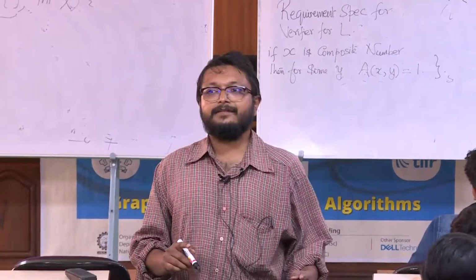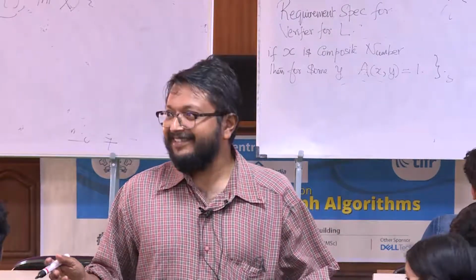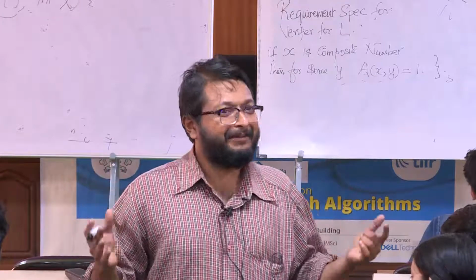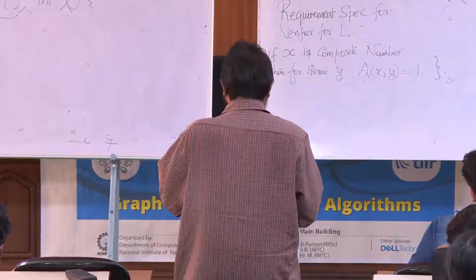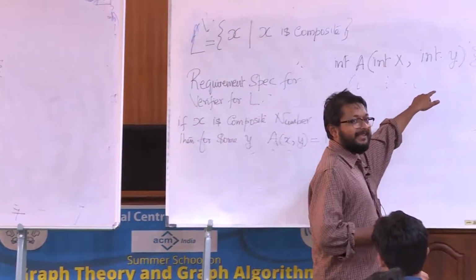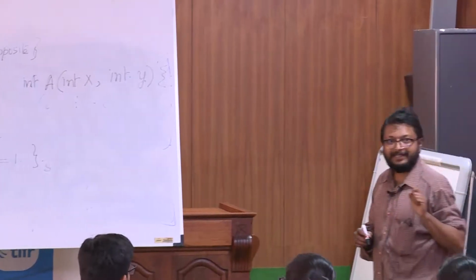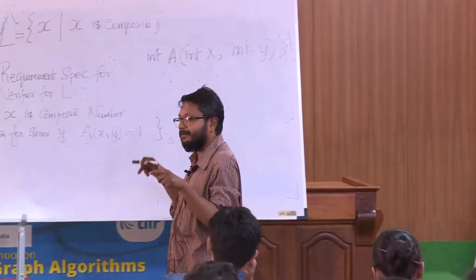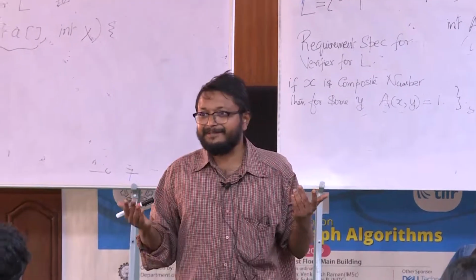If x is a prime number, not composite, then whoever is trying to cheat you into believing that this is composite, the algorithm should still catch it. The algorithm has to do some verification. You cannot trust the inputs and simply announce something is prime or composite.